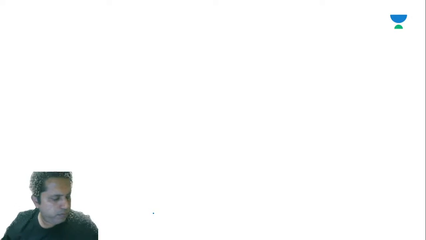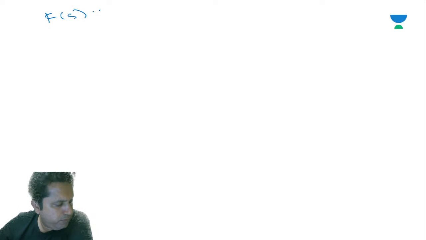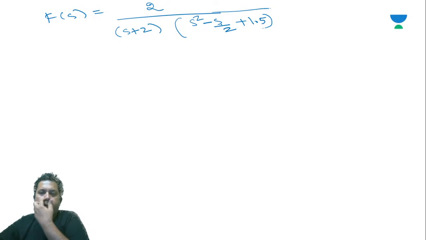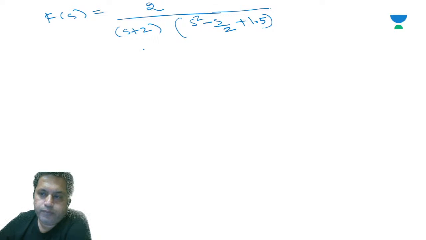What is the example? Example is F(s) equal to 2 upon (s plus 2)(s square minus s by 2 plus 1.5). So numerator coefficients we will write down.